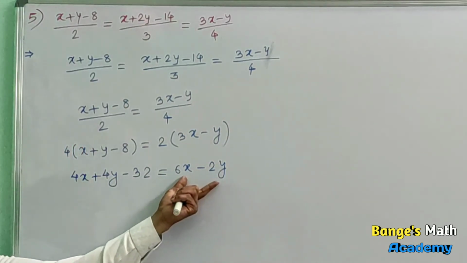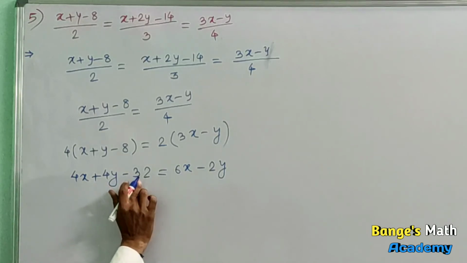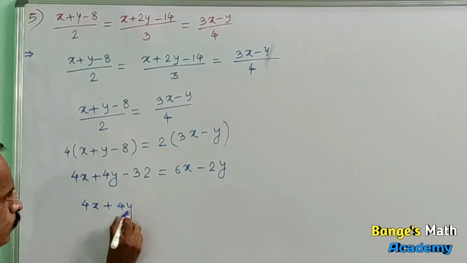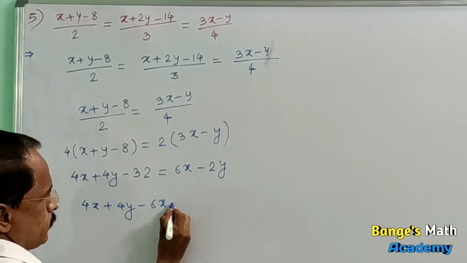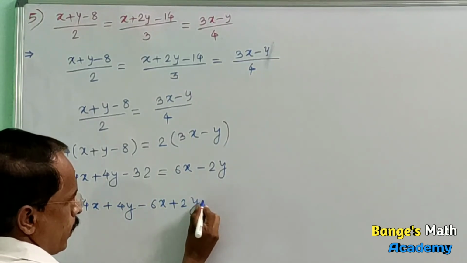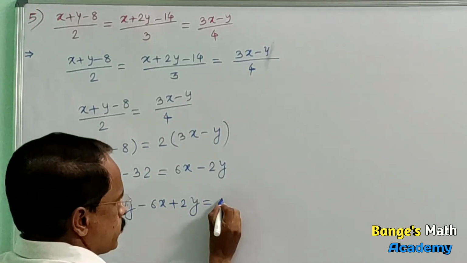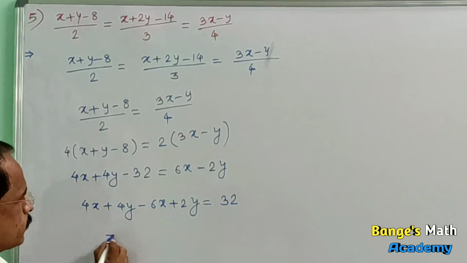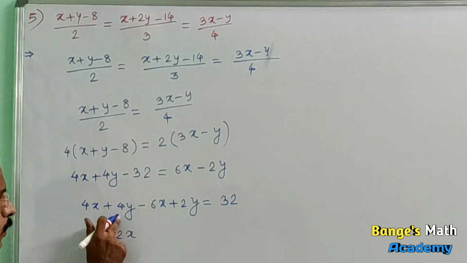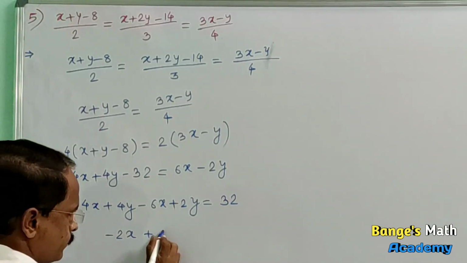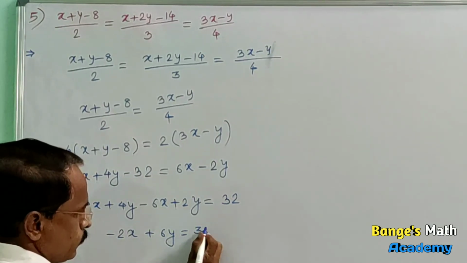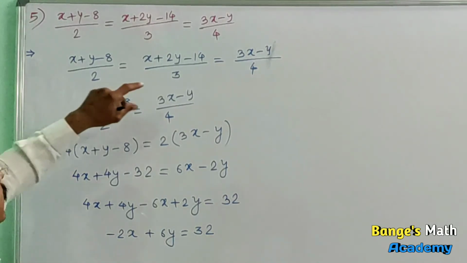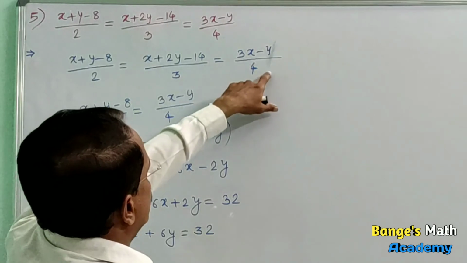Transfer 6x minus 2y to LHS and minus 32 to RHS. 4x plus 4y minus 6x plus 2y is equal to minus 32 becomes plus 32. Simplify this. 4x minus 6x is minus 2x, plus 4y plus 2y is plus 6y, is equal to 32. We get equation 1.